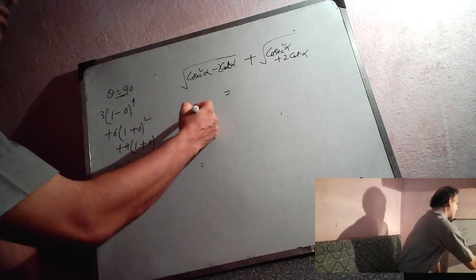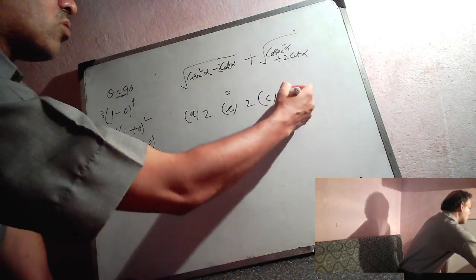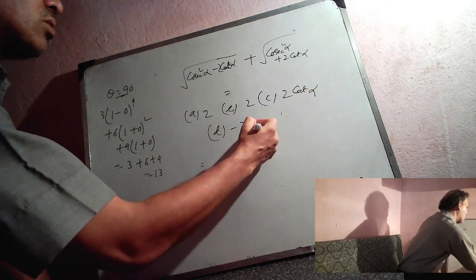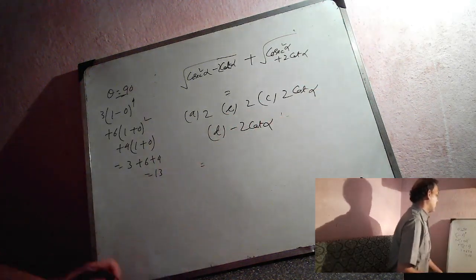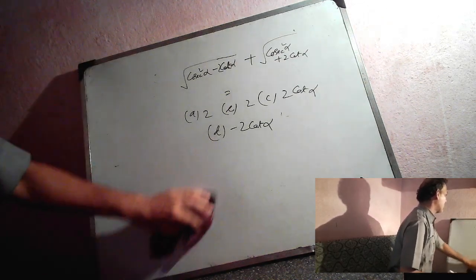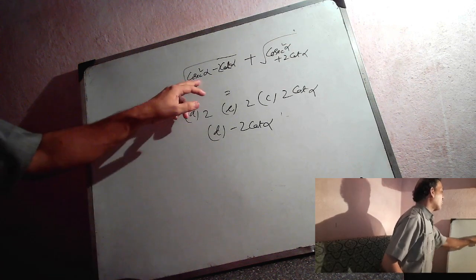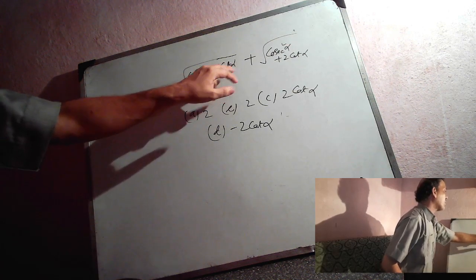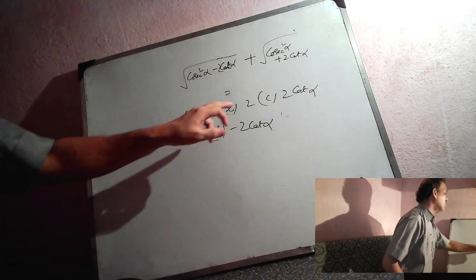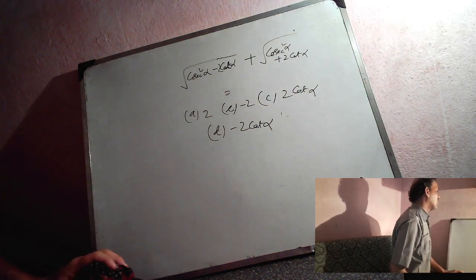Options given: 2, 2 − 2 cot α, and so on. Four options are given. Try yourself.